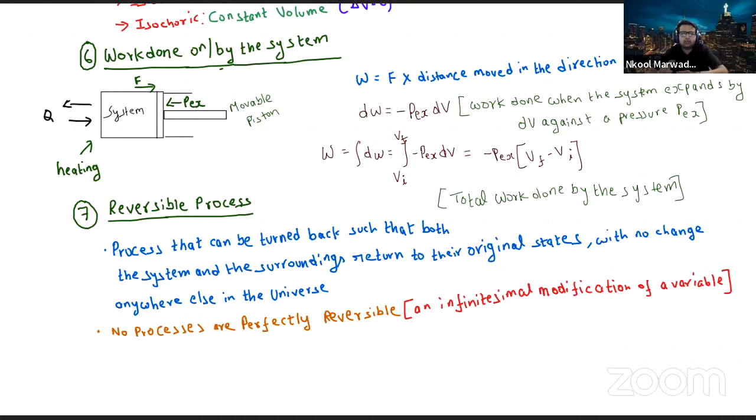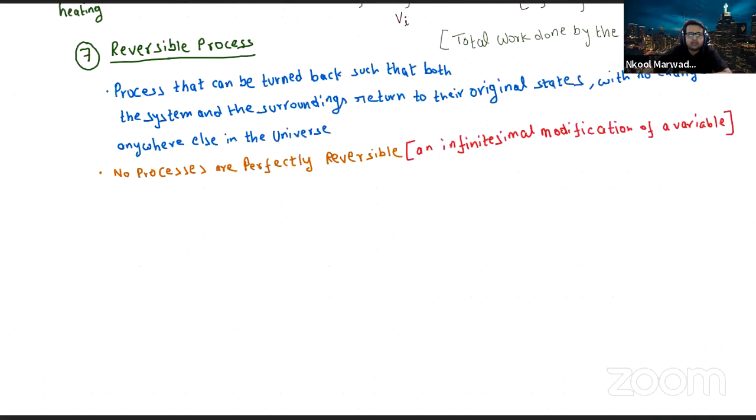Now let us look at some examples of reversible processes, because these examples are very interesting to look into.